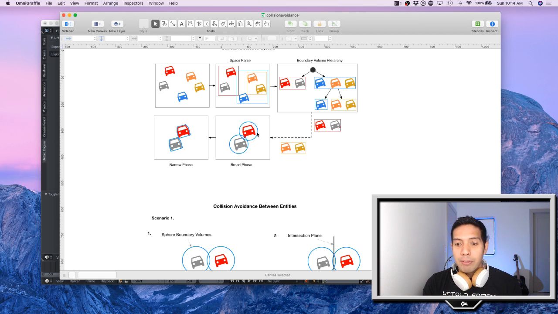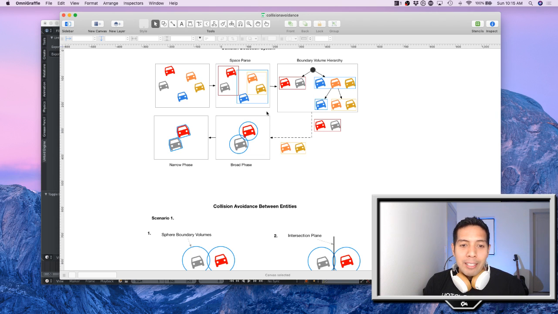If the test is true, then those entities are sent to the narrow phase, and in the narrow phase, instead of using a spherical boundary volume, I use a convex hull, and that is where I do the GJK algorithm, which, let's say, takes a lot of processing power, so you want to use that as little as possible.